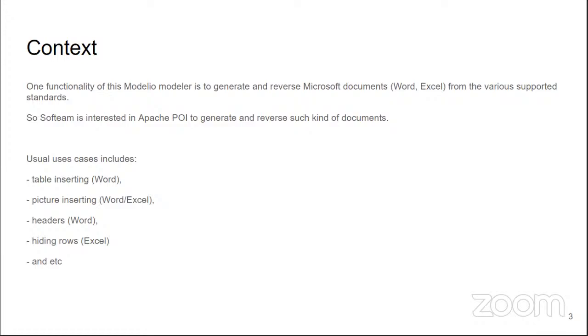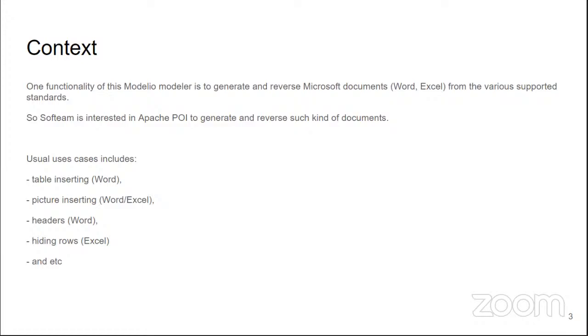So they are interested in Apache POI for doing such tasks. Some usual cases which we found out from the customer are table inserting for Word documents, picture inserting, specifying headers, defining them, hiding rows, and etc.